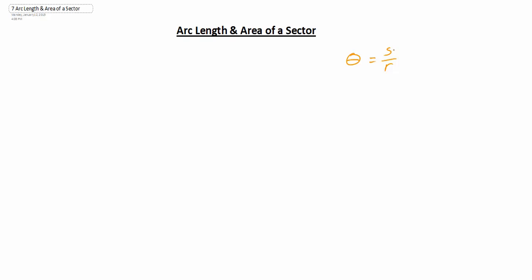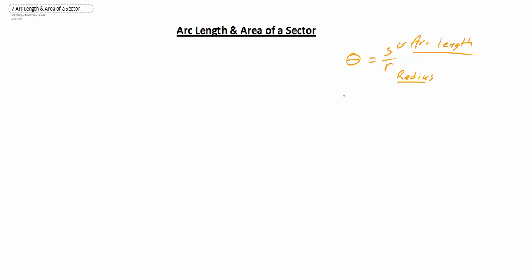So the S, which is, again, the arc length, divided by the radius.